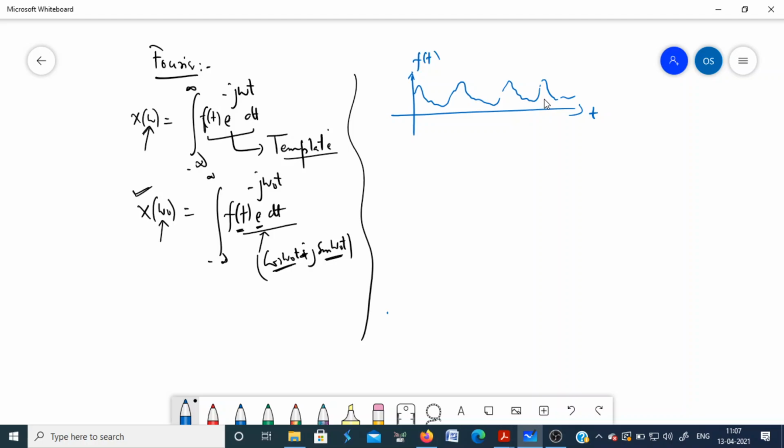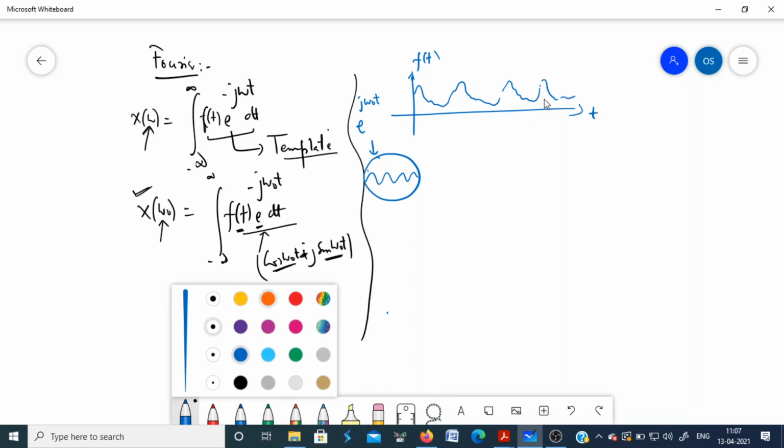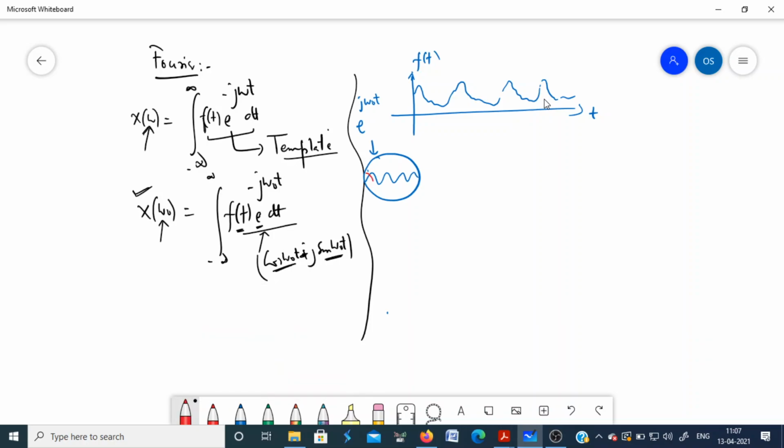What you are doing is generating a set of functions from this template e raised to power j omega naught t, which will be basically a sine function, and another will be a cosine function. There is some phase shift, nothing else. And for a particular value of omega naught, or a particular frequency of sine or cosine, you are multiplying this template with this entire function.